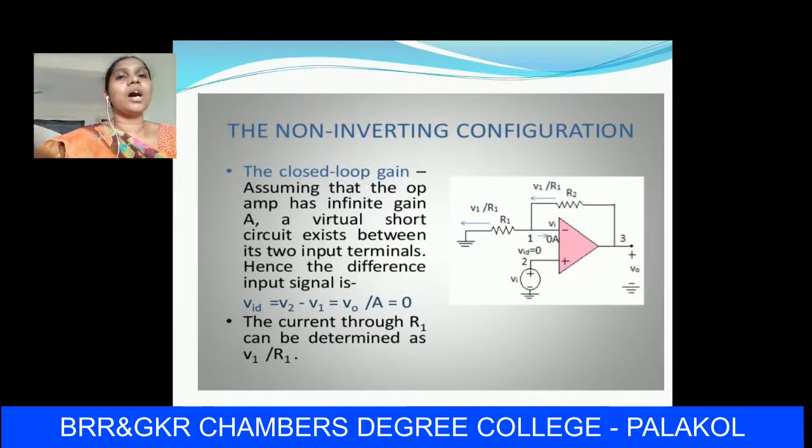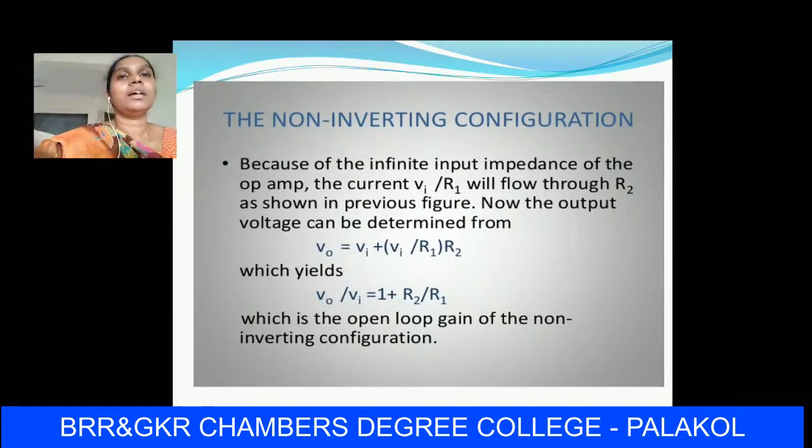The current through R1 can be determined as Vi by R1. Because of the finite input impedance of the op-amp, the current Vi by R1 will flow through the resistor R2. Now the output voltage can be determined from here. Output voltage V0 is equal to Vi plus Vi divided by R1 into R2.